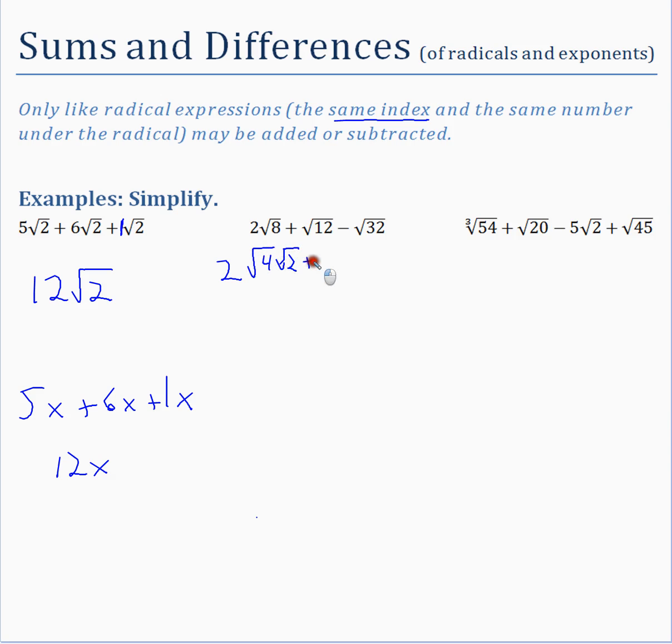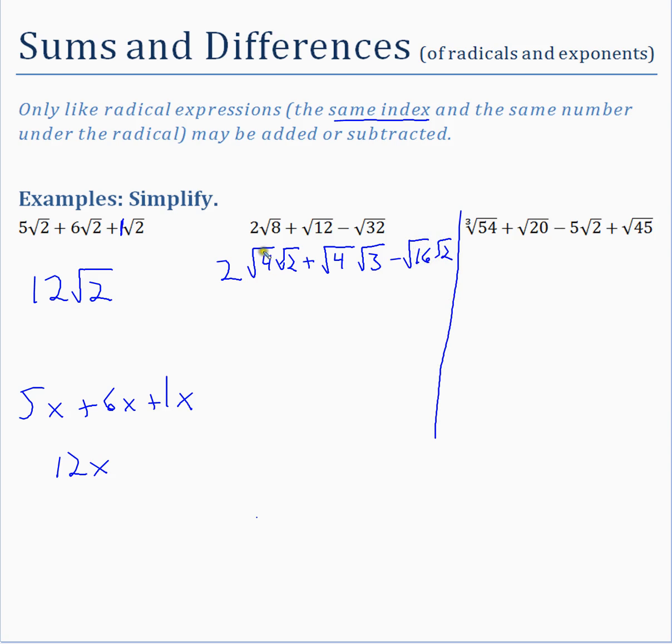The 12 we can think of, well, 12 has a 4 that goes into it, so that's a perfect square, so that's the square root of 4 times the square root of 3. And then 32, you have to be careful, 4 does work, but a better perfect square is 16, or the largest perfect square that goes into that is 16, so that's the square root of 16 times the square root of 2.